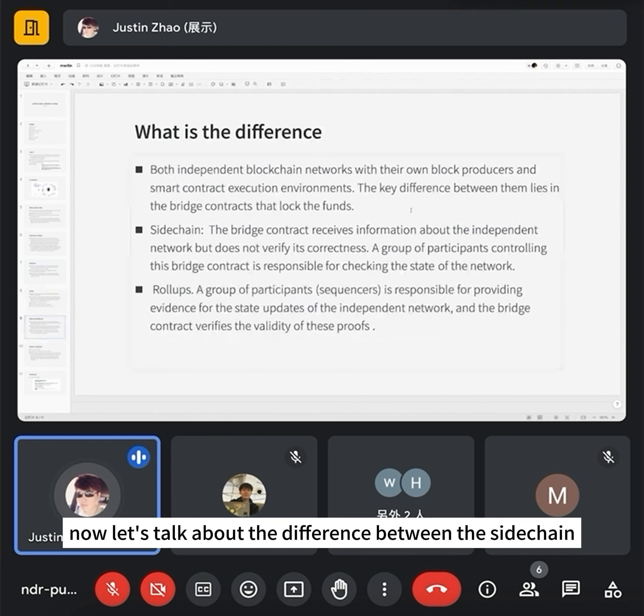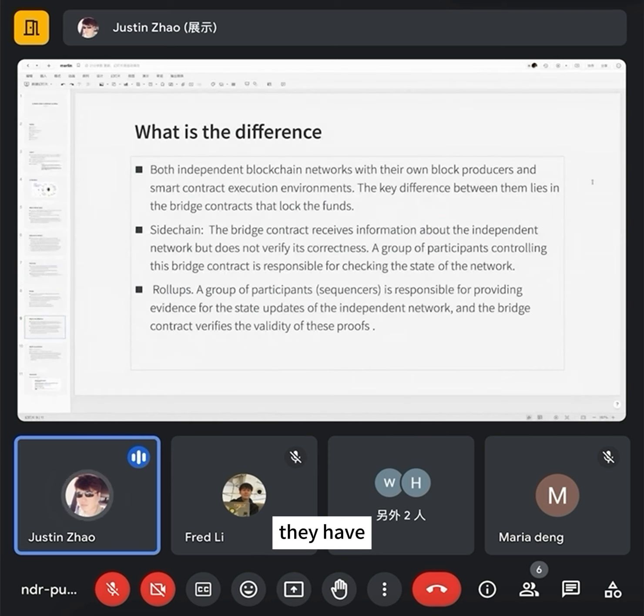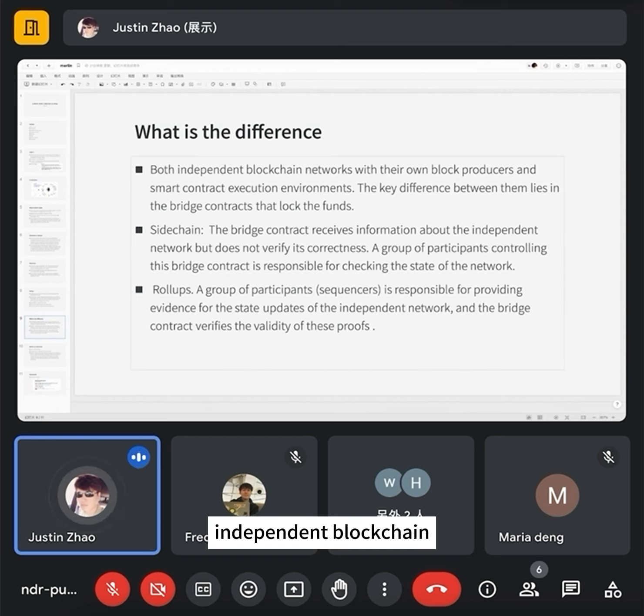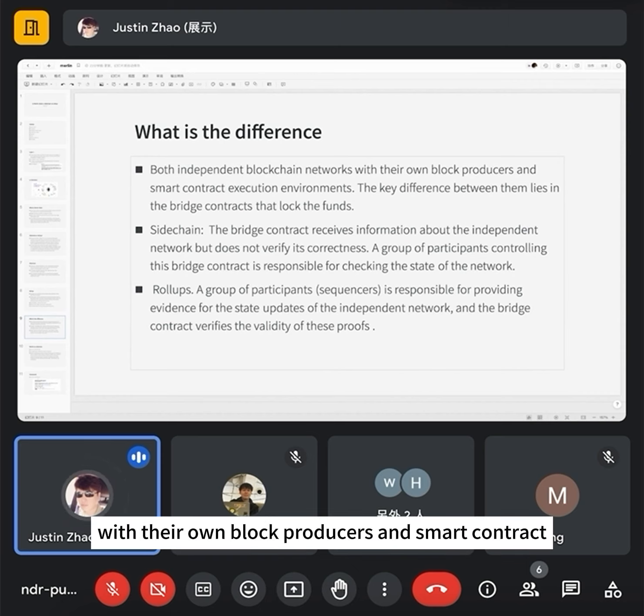Now let's talk about the difference between the sidechain and the rollup. They have the same thing, which means they are all independent blockchains. No matter sidechain or rollup, they are all blockchain networks with their own block producers and smart contract environment.